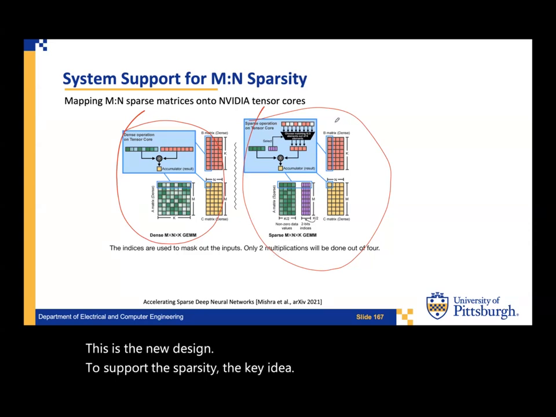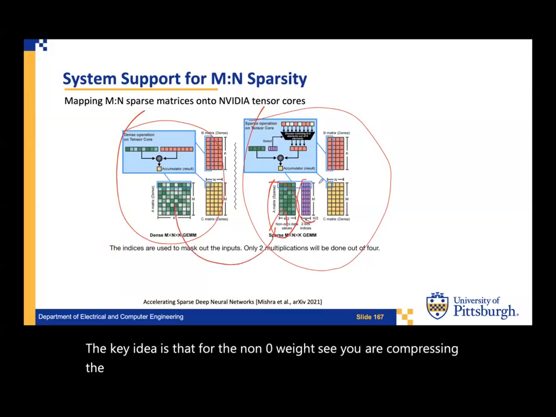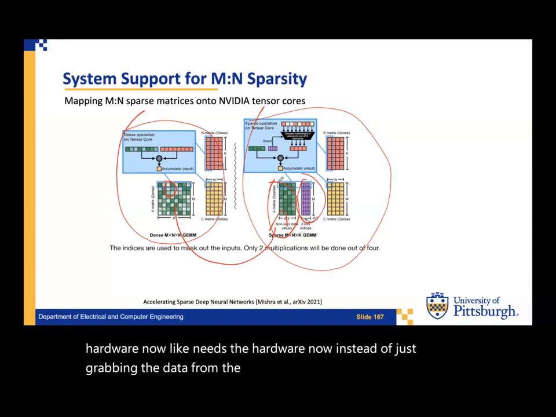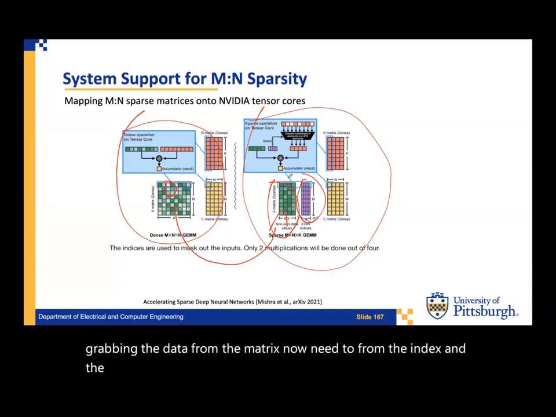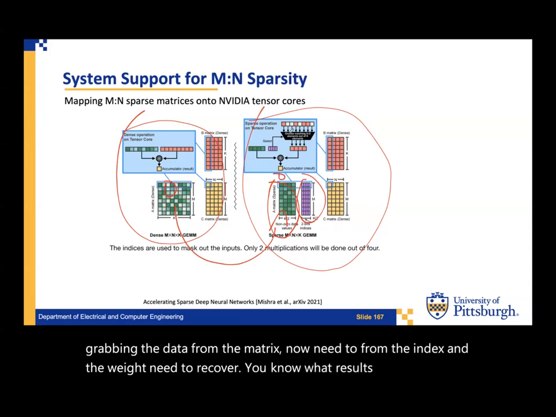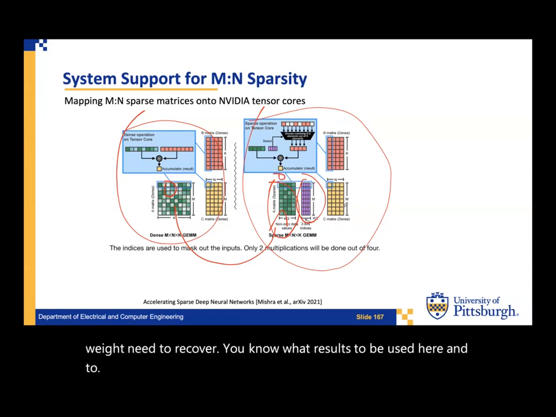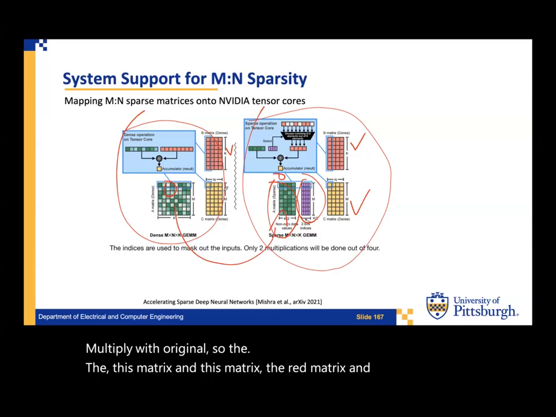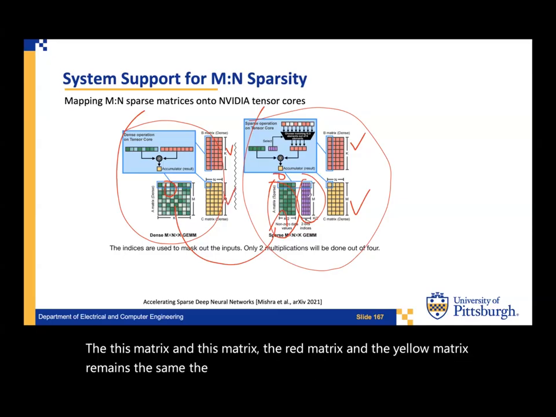The key idea is that for the non-zero weight, you are compressing the weight by half, but you also have two-bit indices. So now, instead of just grabbing the data from the matrix, the hardware needs to use the index and the weight to recover what to use here and to multiply with the original. The red matrix and the yellow matrix remain the same. The only difference is the green and the purple one.